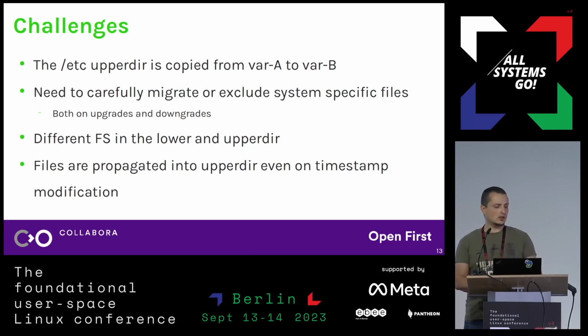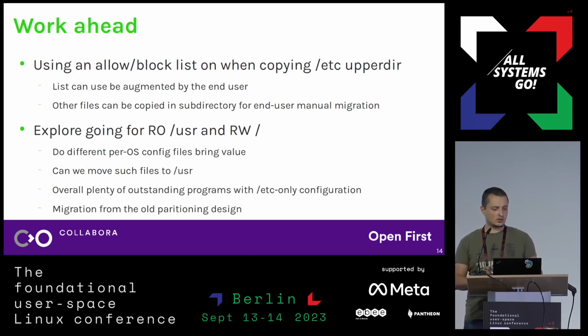All right. So, a couple of bits on the work ahead. Oh, I'm going a little bit quicker than I should have. Anyway, one of the things that we are planning to do in the short term is to have a sort of block or allow list of what needs to be copied back and forth. It's going to be a list that end users can augment if they want to.